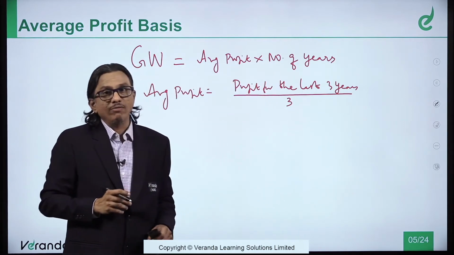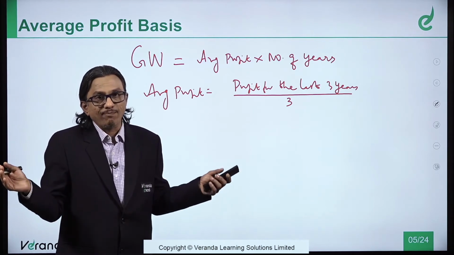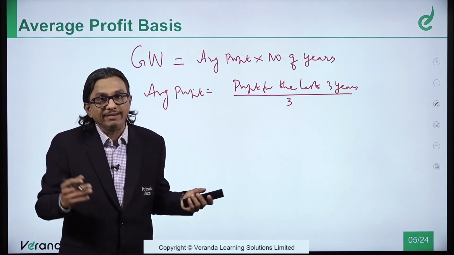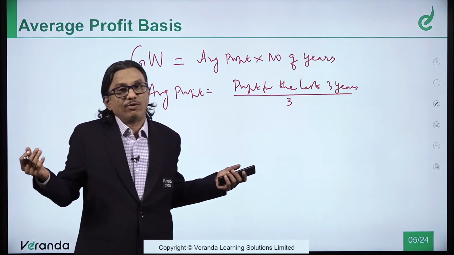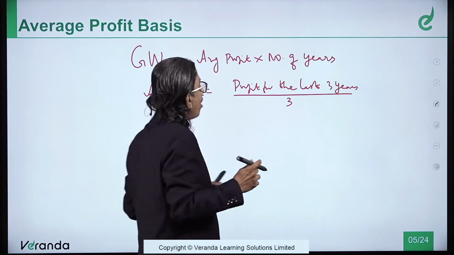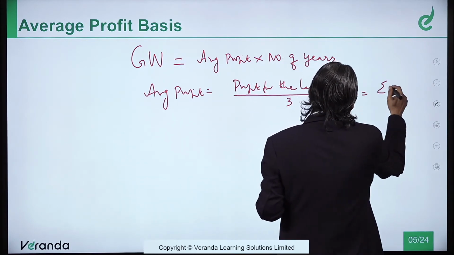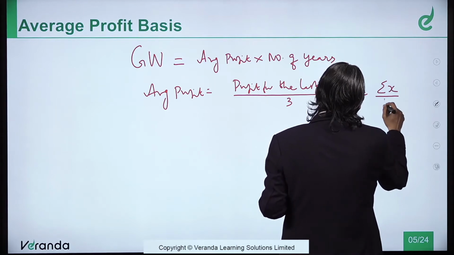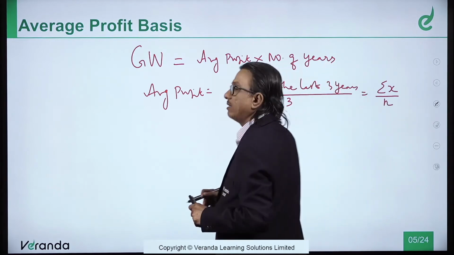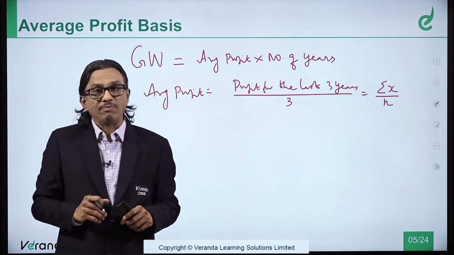It need not always be 3, it can be 4. Then what we should do? Find the profit of the last 4 years, add it, divide by 4, you will get the average profit. It is nothing but sigma x by n, a simple formula for determining the average profit. If x is the profit of every year, n is the number of years, average profit can be determined by this formula, sigma x by n.